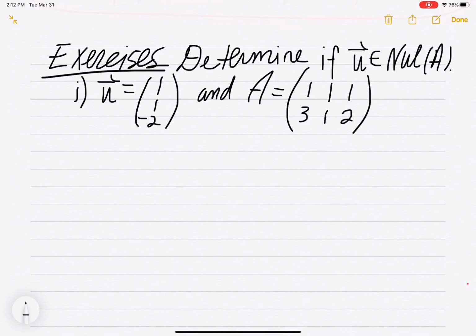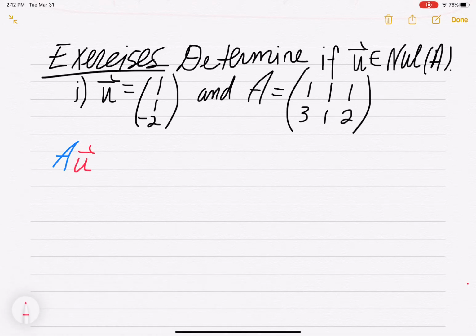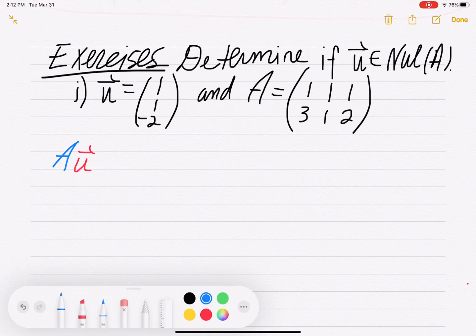We want to see if u is a solution to the homogeneous equation. So basically we take u and plug it into the equation Ax, so we have A times u, and see if we get 0 out.